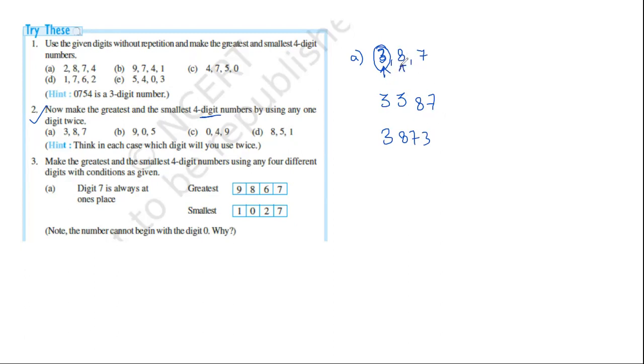Likewise, I can repeat 8 also. In the same way, I can repeat 7 also. I can make my number like this, or like this, any. But there are so many numbers we can form by these 3 numbers, repeating any of the numbers. Okay, so we will not go into this much difficulty, just for the sake of understanding. I said this.